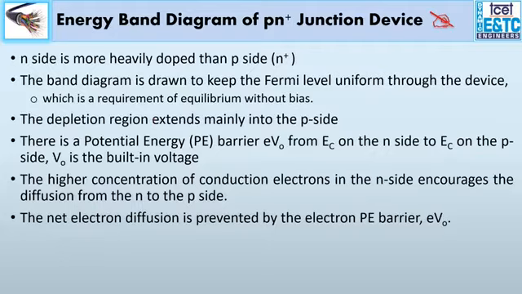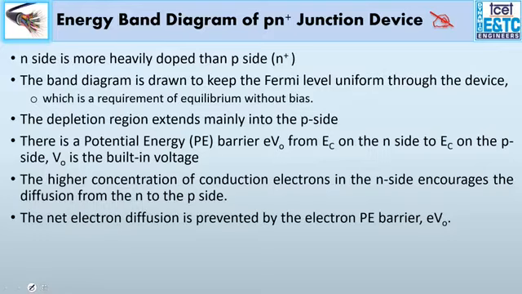Now, what we normally do is keep the n side more heavily doped than the p side, and that gives us an advantage that we can have fast recombinations, and what is expected is you should get a high intensity of light. And if the area is larger, the light gets distributed and absorbed by the material, and hence we don't get a large output.